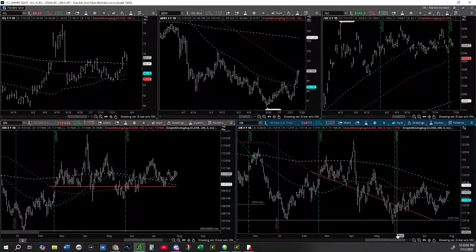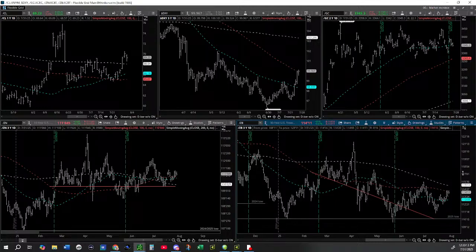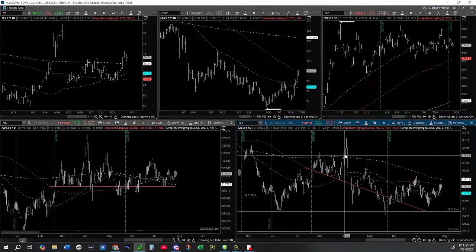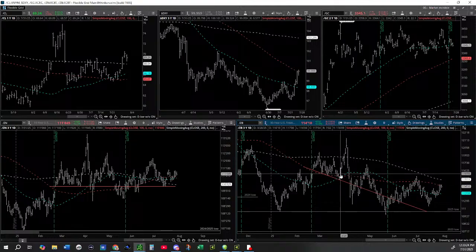I'm working here. The 30, we can see a downside trend here. It's subtle, but there's a channel here. This is the low of the channel, and this is the high of the channel. It's a breakout, and then rejection of the breakout of that channel. Gold, very erratic market here.